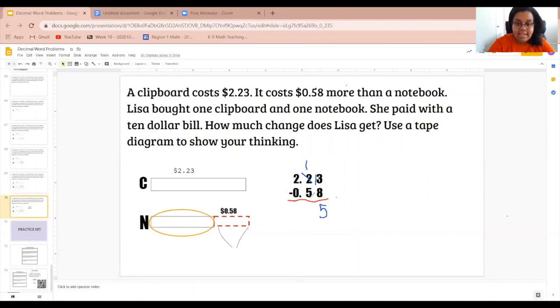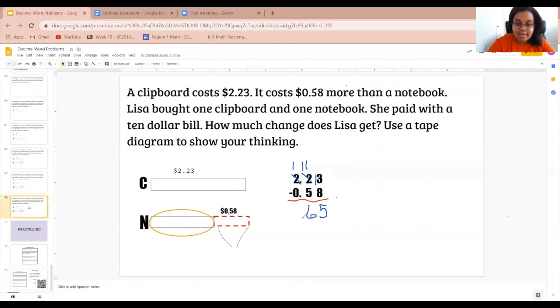Now, I can't take 5 tenths away from 1 tenth. So looking at my 2, I'm going to rename that as 1 whole, or 1, and 10 tenths, which I can add to my 1 tenth to make 11 tenths. 11 tenths minus 5 tenths is 6 tenths.